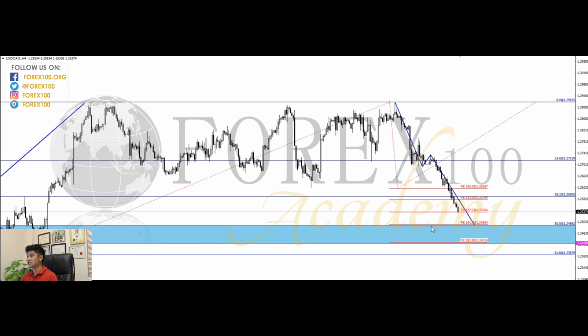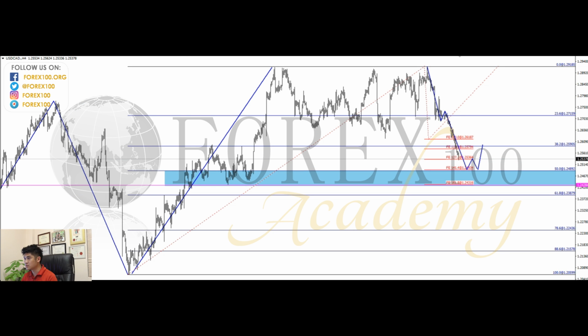What I'm going to do is, in this blue zone over here, I'm awaiting a double bottom. Alright, so this is the double bottom itself. Okay, if I crunch my chart a bit, why this zone? Because there is an area of consolidation.